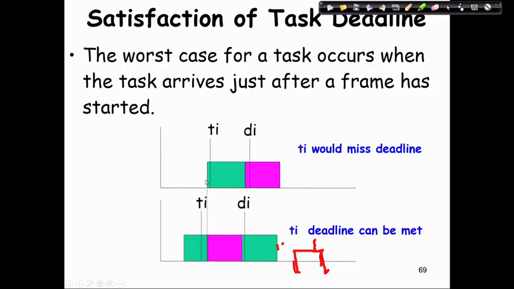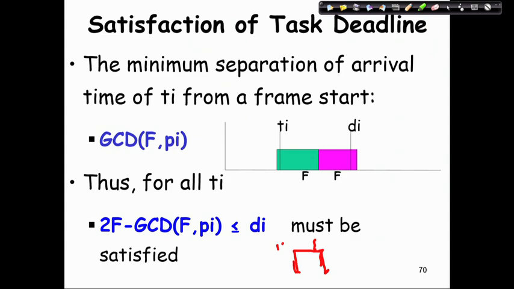So, we need to do a little bit of mathematical derivation, and we will not really go into the derivation, it is there in the book. Here we will just look at the result. The result is the GCD of the frame size and the period of the task.